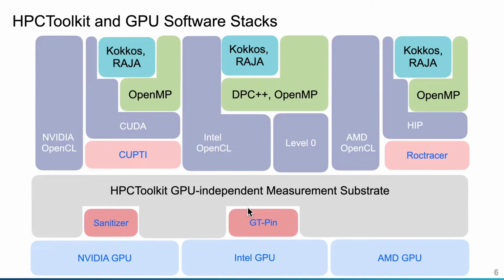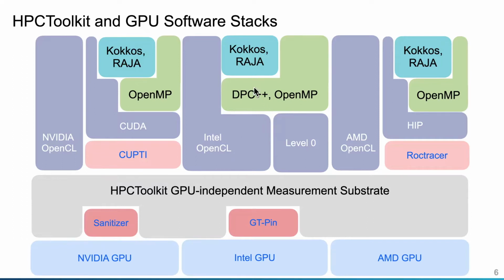And then on top of this, we have software stacks so that there's CUDA on top of NVIDIA's CUPTI layer. And then on top of CUDA is the implementation of OpenMP, and then Kokkos and RAJA programming models are on top of CUDA. On Intel GPUs, we're using DPC++ and OpenMP, which are implemented on top of the OpenCL and level 0 layers.